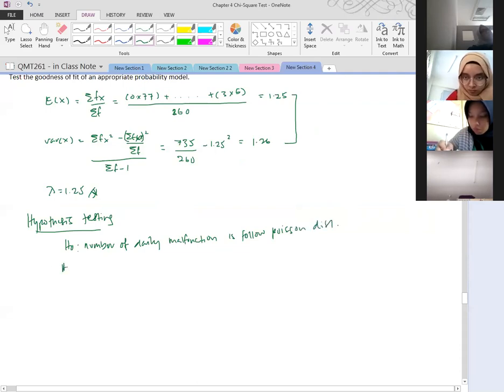The alternative hypothesis is the number of daily malfunctions does not follow a Poisson distribution, right? So let's set our alpha to 0.05.